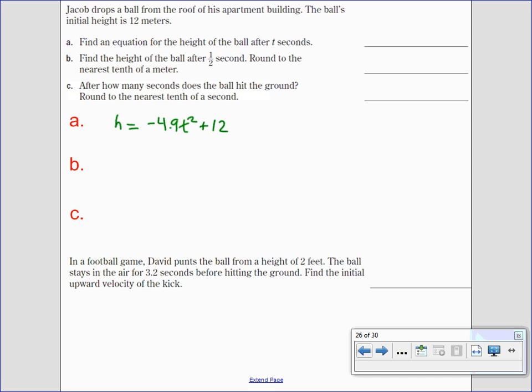Find the height of the ball after 1/2 second. Round to the nearest tenth of a meter. Okay, we can evaluate my function rule, h, when t equals 1/2.